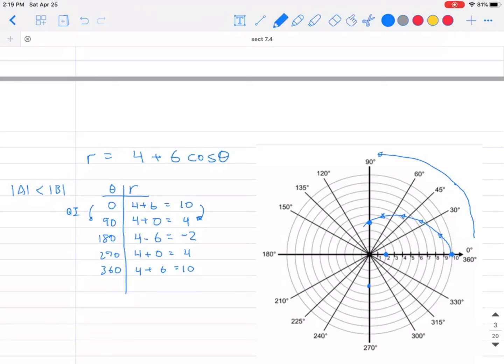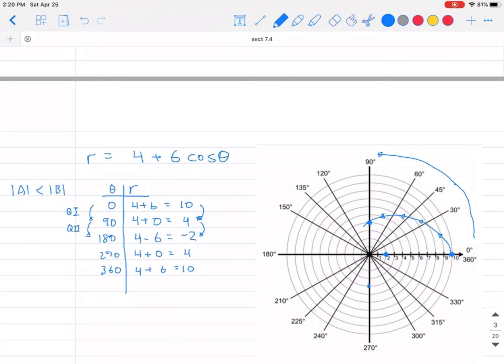Now, for 90 to 180, this is where it's a little unique because 180 is going to be -2, which is back here. Now, thinking about how trig functions actually work, in order for you to go from 4 to -2, I claim that somewhere between 90 to 180 degrees, you're going to have a value of theta that goes through 0.